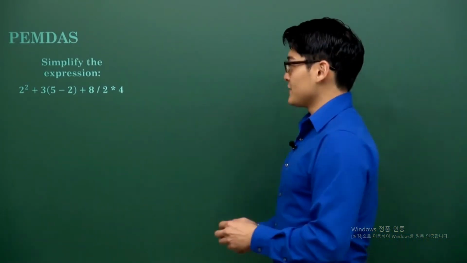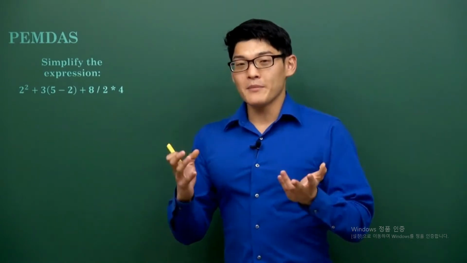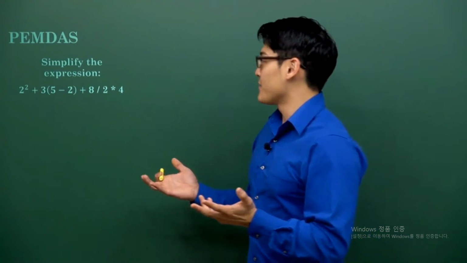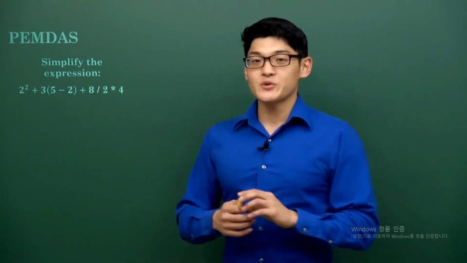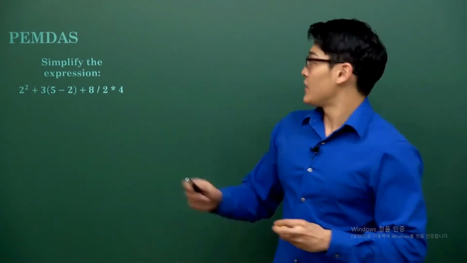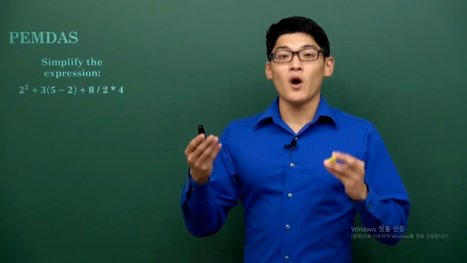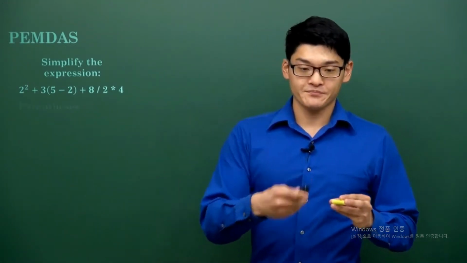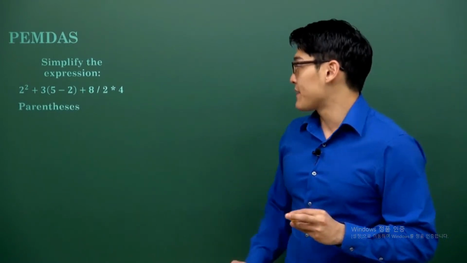Okay, so if you remembered, PEMDAS is an acronym, or a mnemonic tool, to help you figure out what order you're supposed to do the order of operations. First one is parentheses.